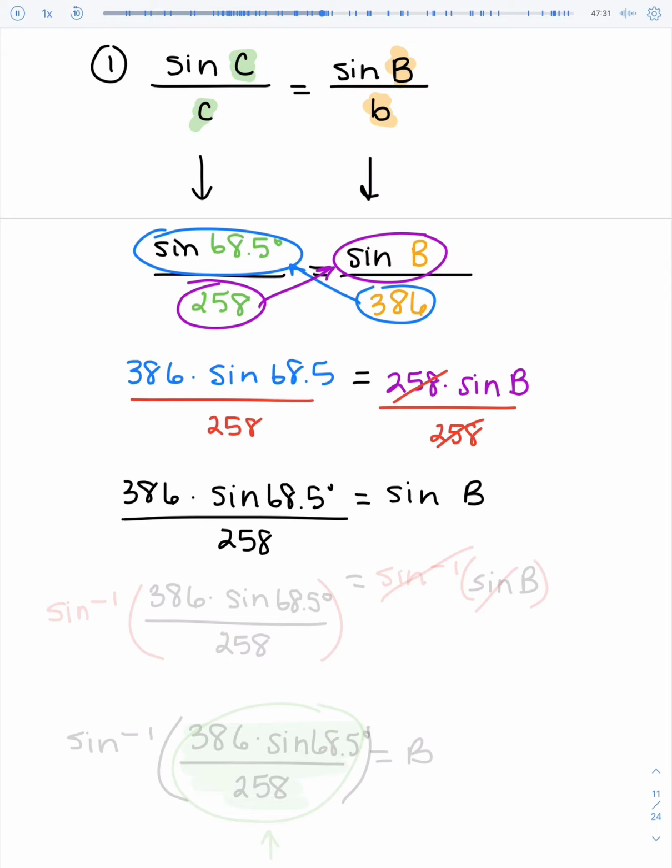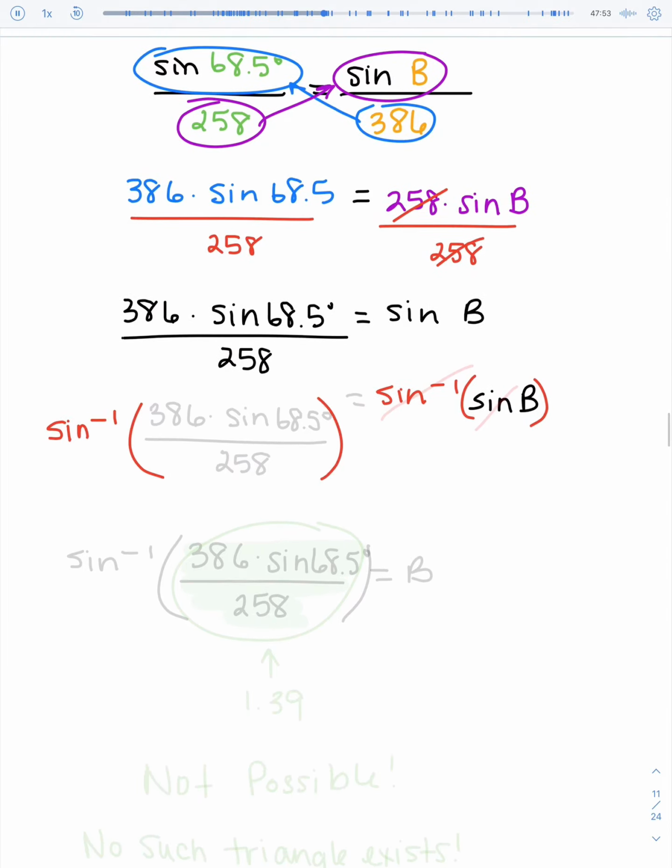Now the problem becomes, how do you get rid of sine? Well, how you're going to get rid of sine is with an inverse sine. So we'll do inverse sine of the right-hand side of the sine of B. And again, remember when you use your inverse trig functions, you do need parentheses. So we'll also do that to the other side. Inverse sine of everything that was on the other side, which was not pretty.